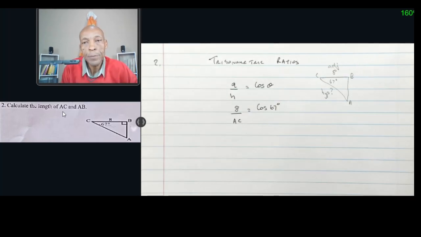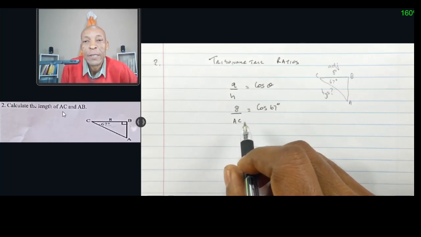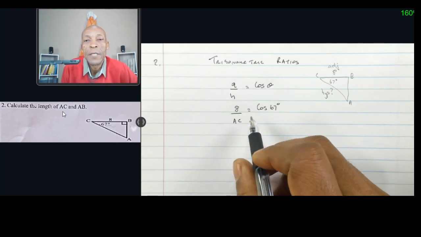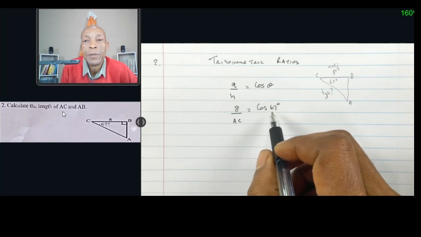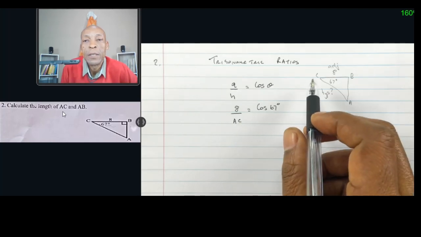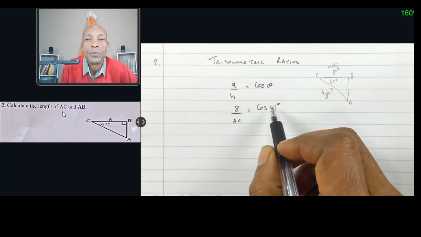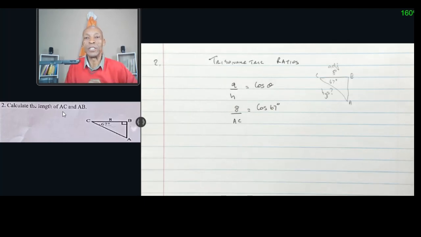So in your test, your exam, don't waste time repeating some of these steps, because somebody could have said 8 over AC is equal to cos which angle? Angle C. If they have allocated maybe 4 marks, you can do that. You can put C there first and then finish it off.